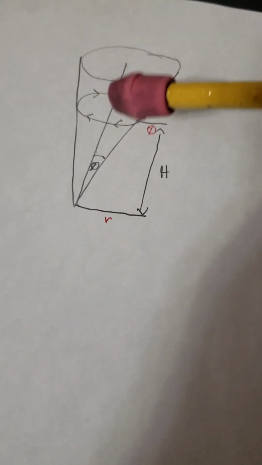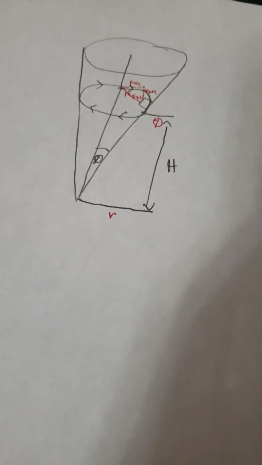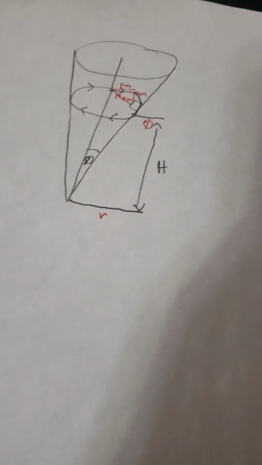And if we use this context here, opposite over adjacent will give your tangent. So coming back here, your tangent will equal r over h. If we isolate it to solve for r, that'll be h tan of this angle. The reason why I'm simplifying now is this will help with later problems. So I'm replacing r with the value that we just solved for: r equals h tan of the angle.